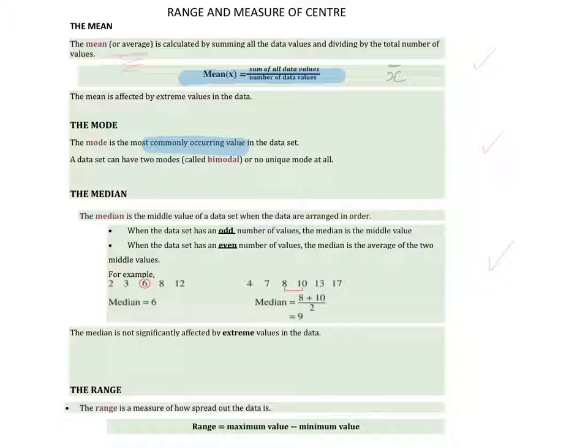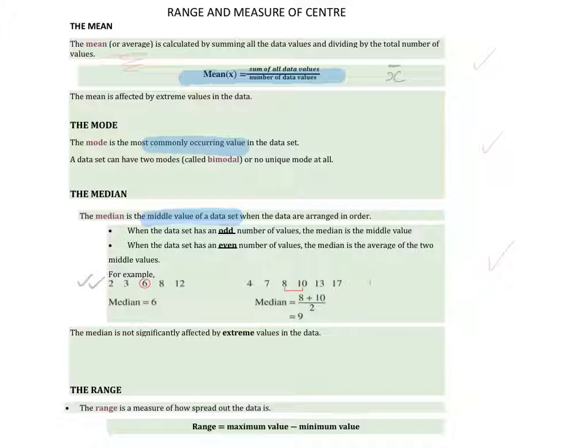And the last one here is the median. The median is the middle value of the data. In order to get the middle data value, what you need to do is put all your data in order from smallest to largest. If you have an odd amount of data, like this one here, then it is the middle, and that would be the median.